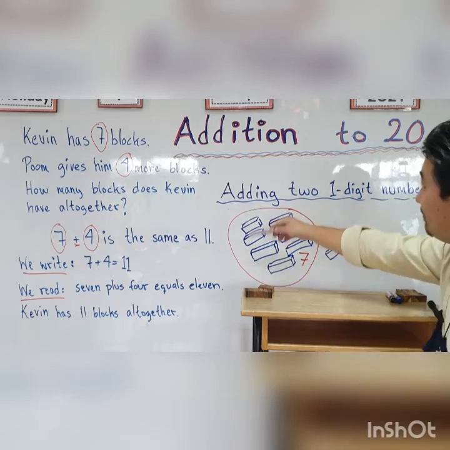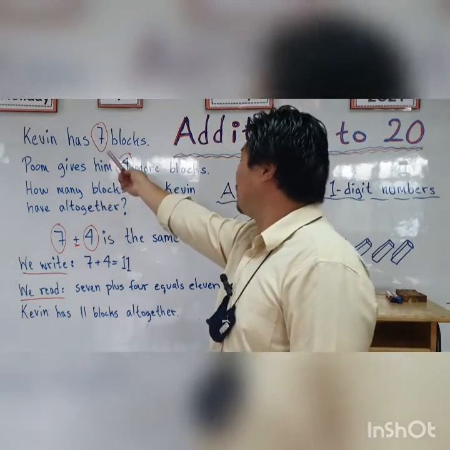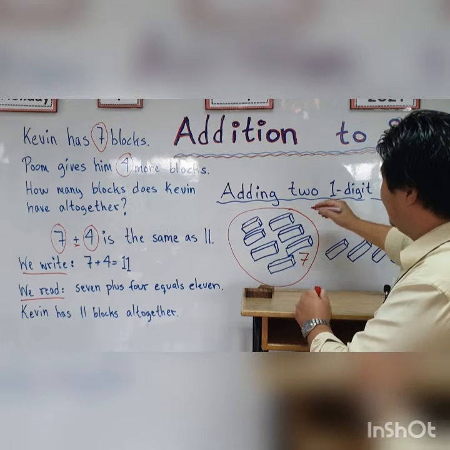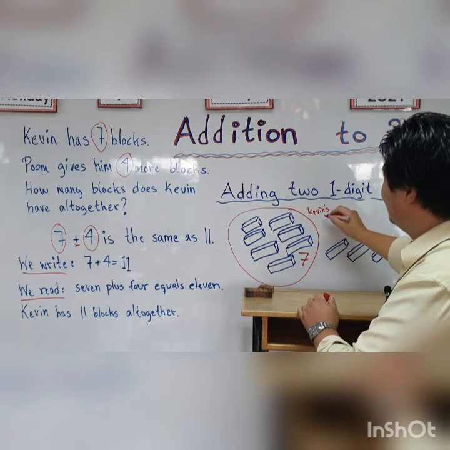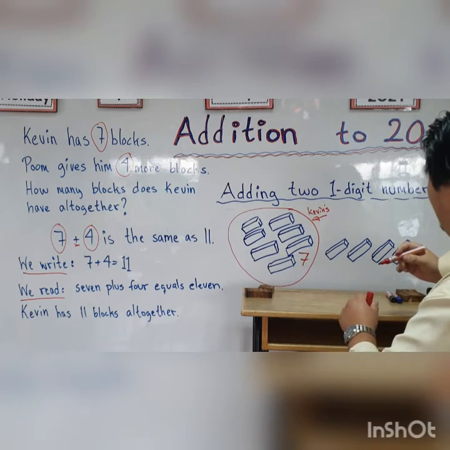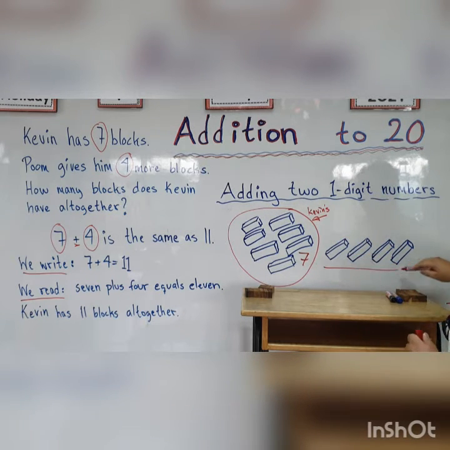So here we have 7 blocks, Kevin's blocks. And then these are the blocks that Poom gave him.